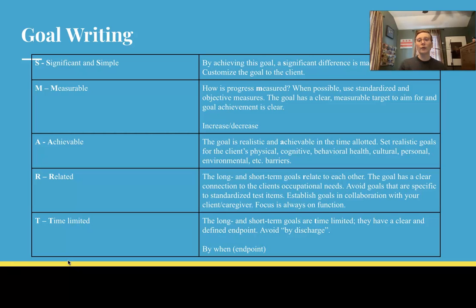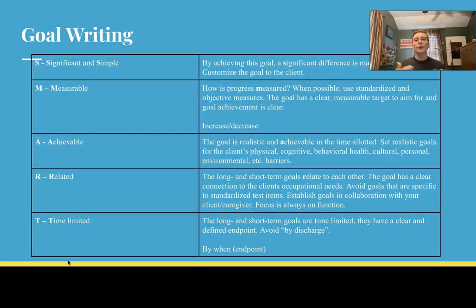So, client will perform upper body dressing with min assist and min verbal cues to thread left upper extremity into shirt. So it is simple, it is specific, and it's measurable. But it also needs to be achievable. So I need to understand what the deficits of the client are and then make this goal realistic and achievable to the client.